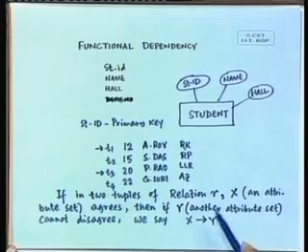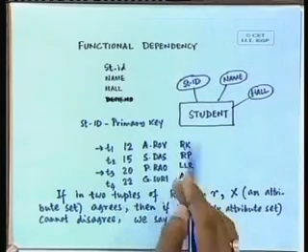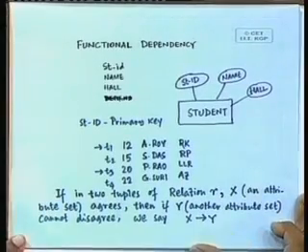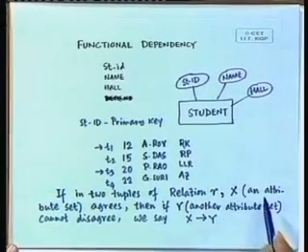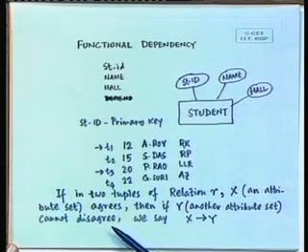The scheme is usually identified by a capital letter, and the relation, that means the data set, is identified by a small letter, right. X is an attribute set, alright. Then if Y cannot disagree, we say X functionally determines Y, alright. Is it clear? So this is the idea.